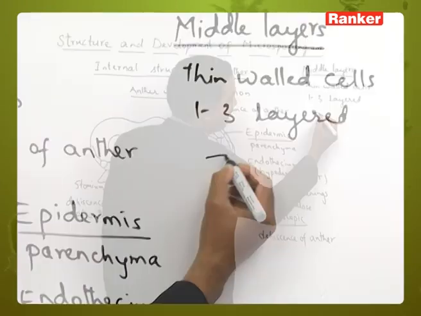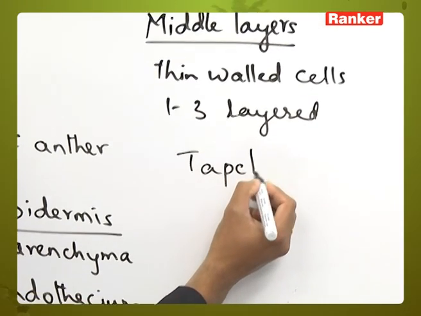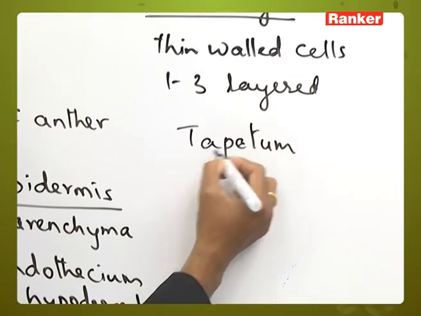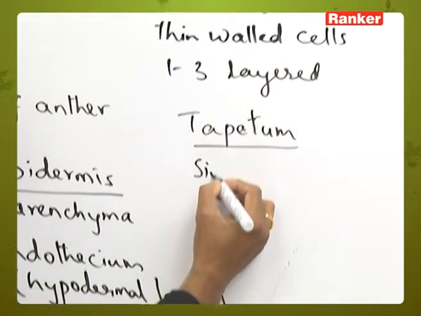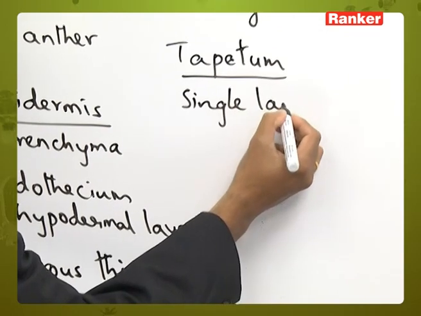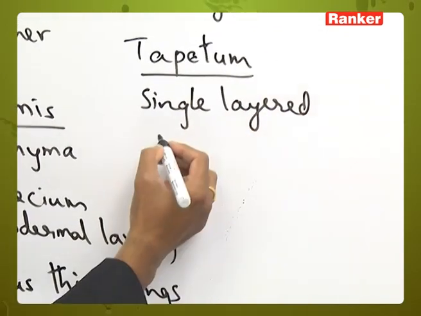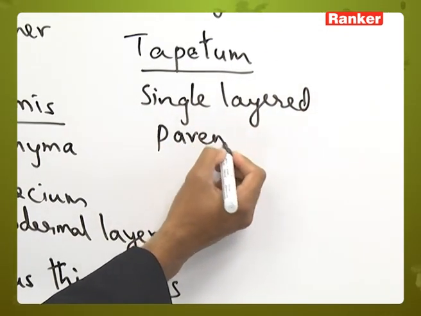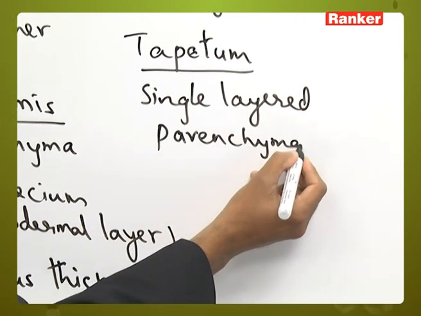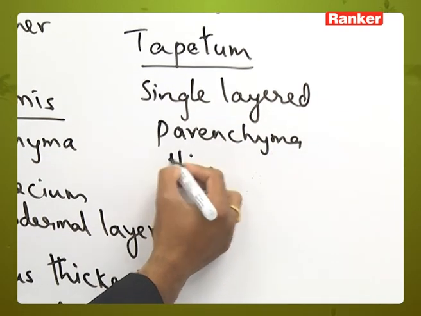Here the tapetum tissue has many special features. This is single layered, and like the other layers it is also made up of parenchyma tissue, and these cells are also generally thin walled.